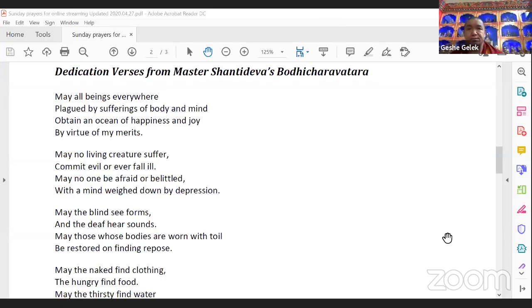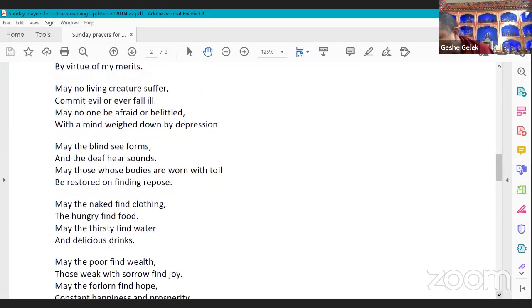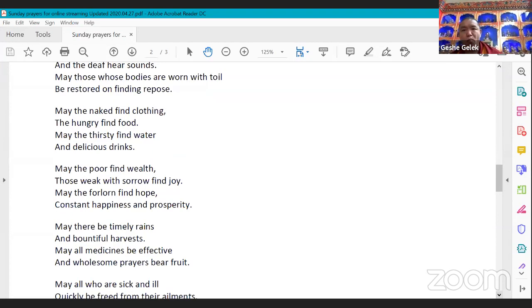May all beings everywhere, plagued by sufferings of body and mind, obtain an ocean of happiness and joy by virtue of my merits. May no living creature suffer, commit evil, or ever fall ill. May no one be afraid or belittled, with a mind weighed down by depression. May the blind see forms and the deaf hear sounds. May those whose bodies are worn with toil be restored on finding repose. May the naked find clothing, the hungry find food. May the thirsty find water and delicious drinks. May the poor find wealth, those weak with sorrow find joy.